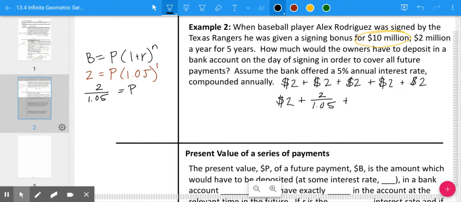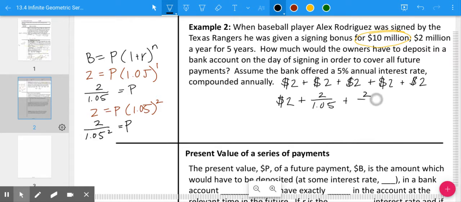Well, how about the next payment? The next payment, the one that's in 2 years from today. So again, I want to have $2 million. I don't know what the payment is today. And I'm going to let it get interest for 2 years. So then that payment that I need today is 2 divided by 1.05 squared.